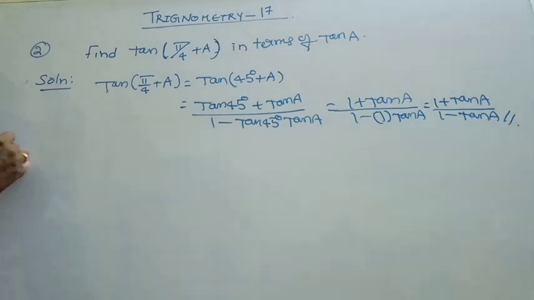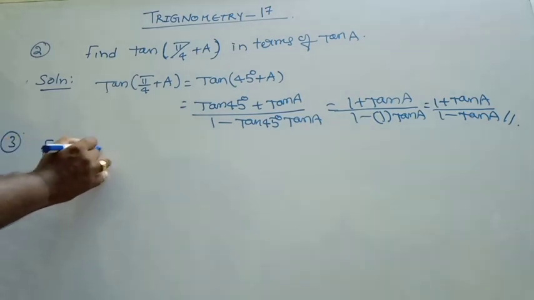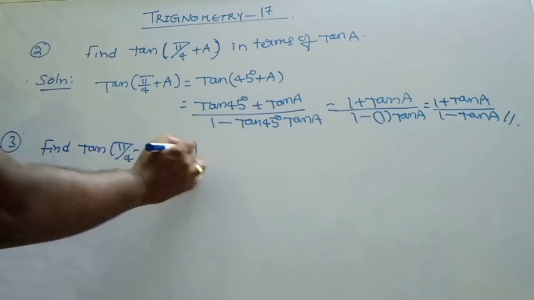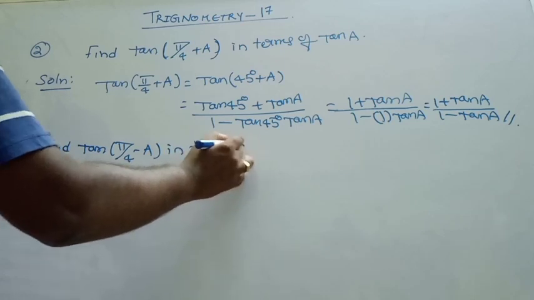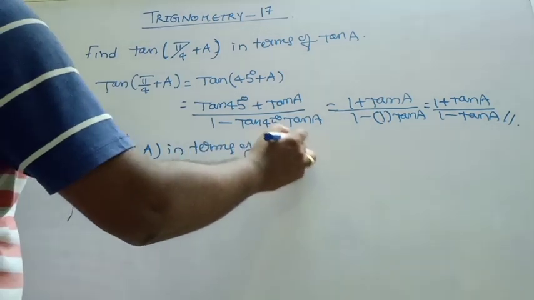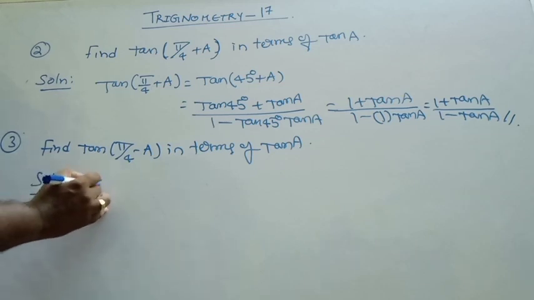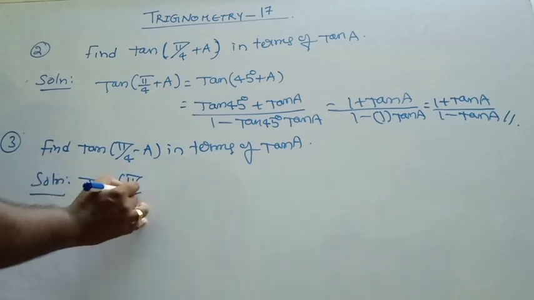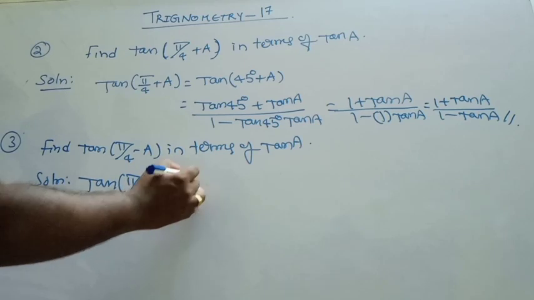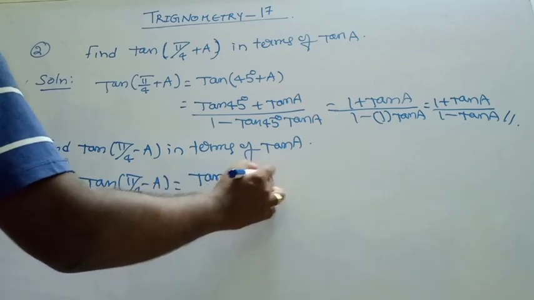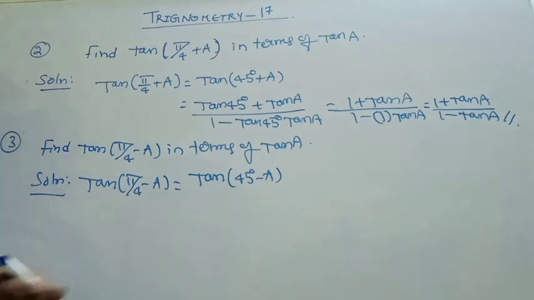In the same way, even the third problem, suppose they ask: find tan(π/4 − A) in terms of tan A. This also you can do. tan(π/4 − A) is equal to tan(45° − A). In the same way, you are going to use the tan(A − B) formula.